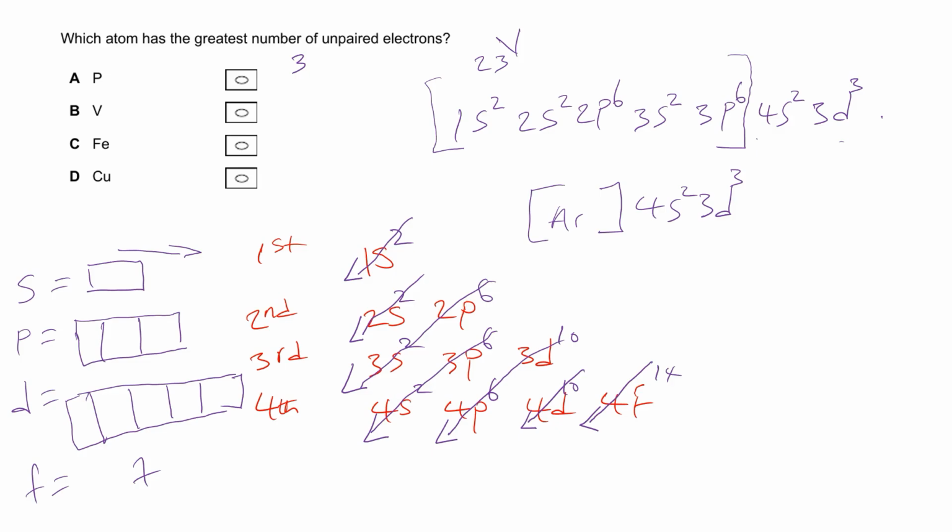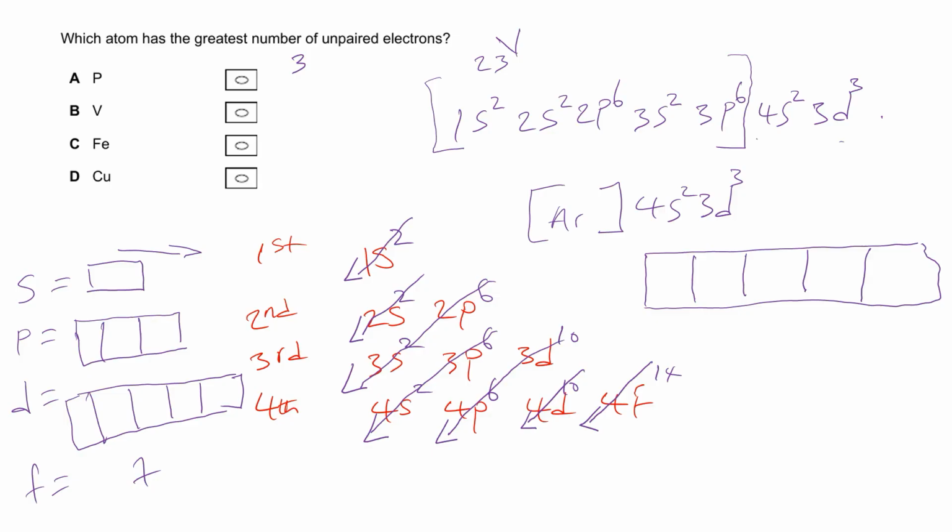So let us fill in the subshells of the d orbitals. D orbital has 5 subshells, so we have 1, 2, 3, 4, 5.